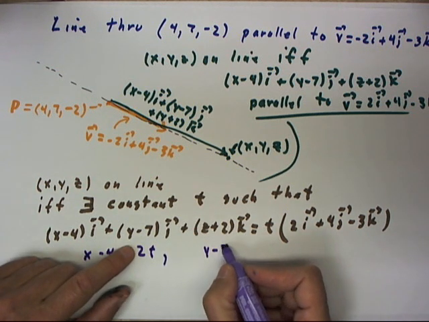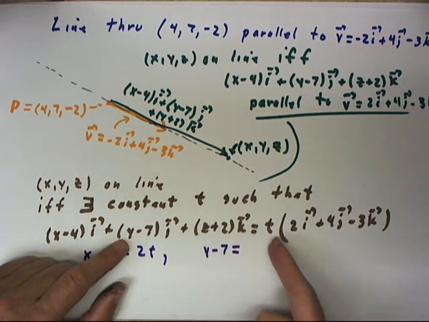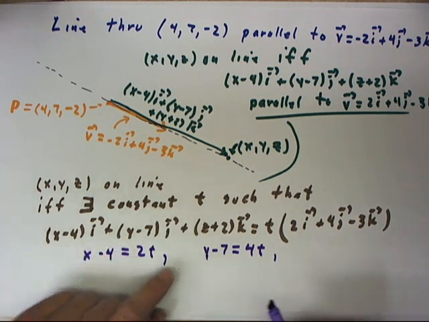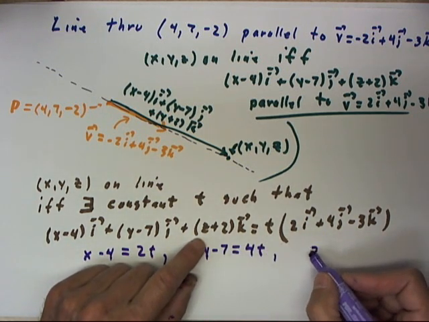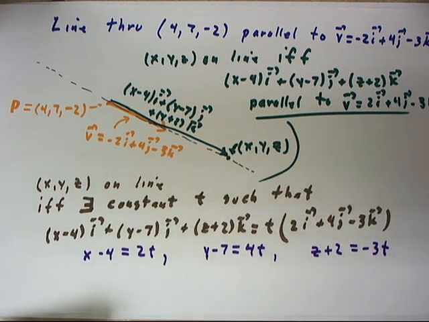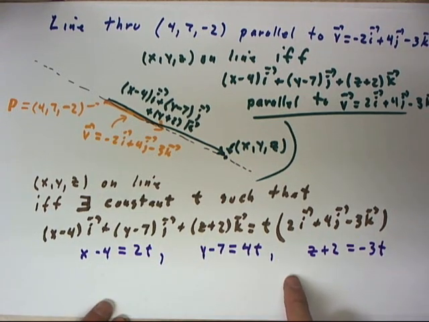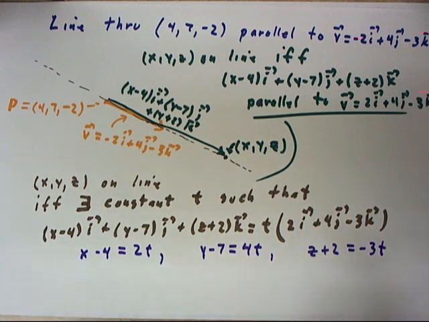Also, y minus 7, the j component here, equals the j component here, which is 4t. And also, z plus 2 equals negative 3t. So now we have three equalities that constitute the condition that this point lies on this line.